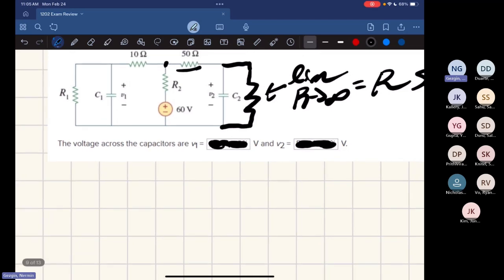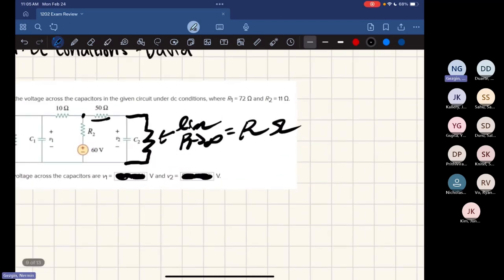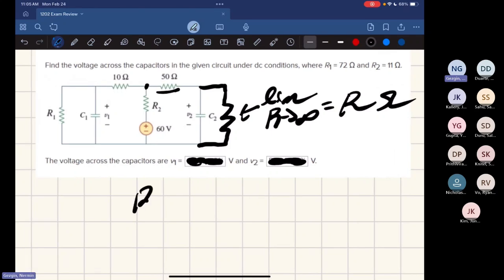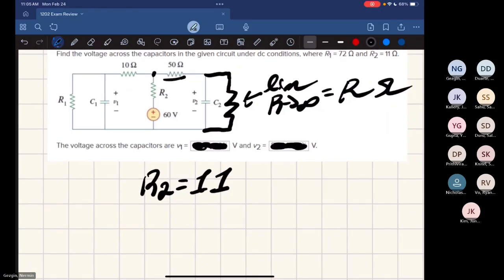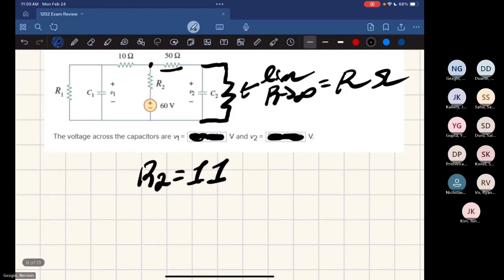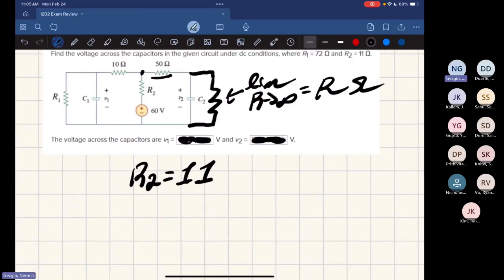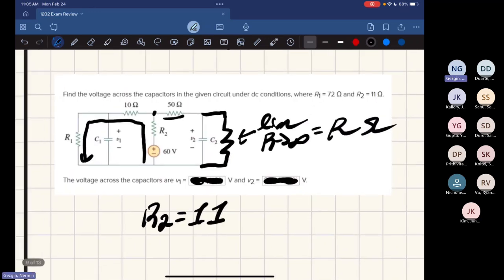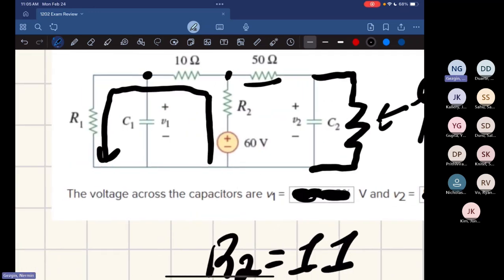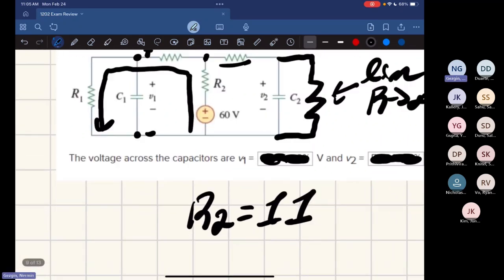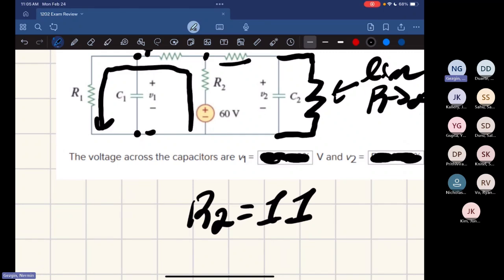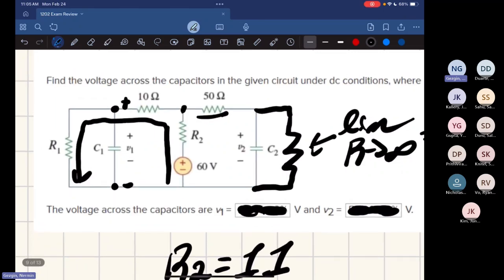So we're given R2. If R2 equals 11, we have to calculate the resistance of this loop. All that capacitor is saying is that we have V1s from here to here, because the capacitor doesn't mean anything since it's an open circuit.